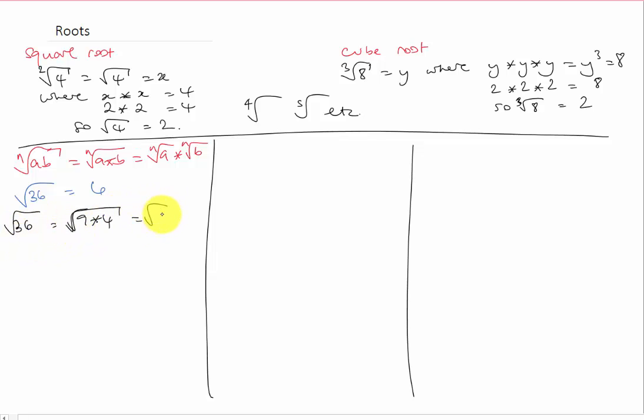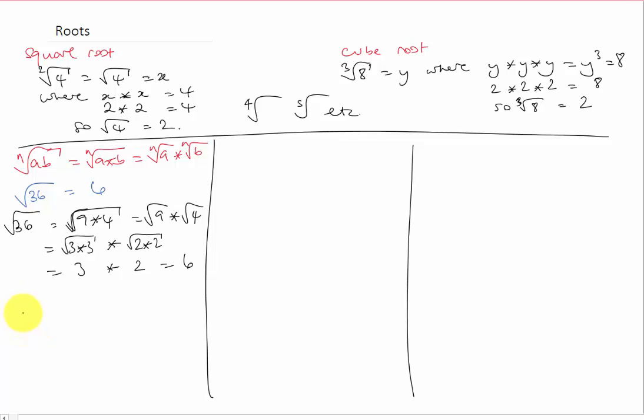And then that's the same as square root of 9 times the square root of 4. And again, each of these we could factor out. So that's square root of 3 times 3 times square root of 2 times 2. So the square root of 9 is 3. Same here, 2 times 2 inside, so the square root of 4 is 2. So that whole thing is 6, which is the same as we got up here.